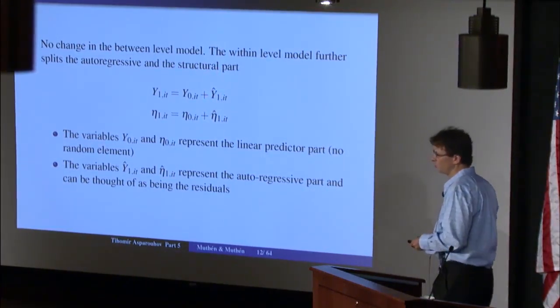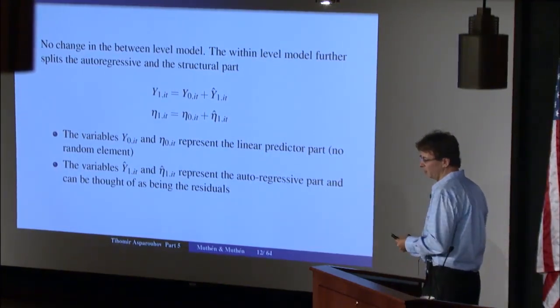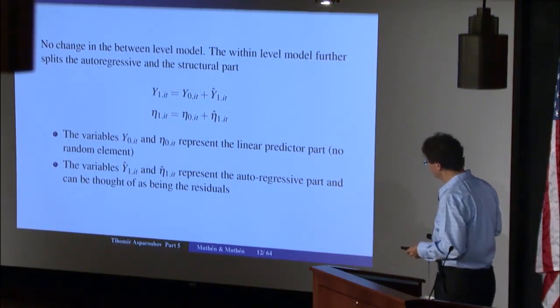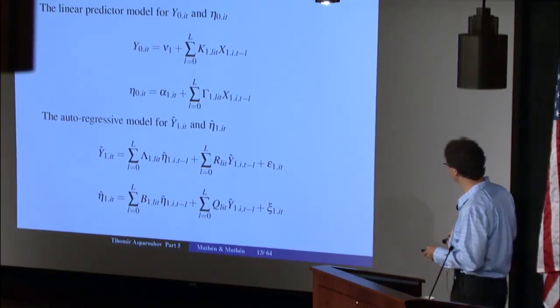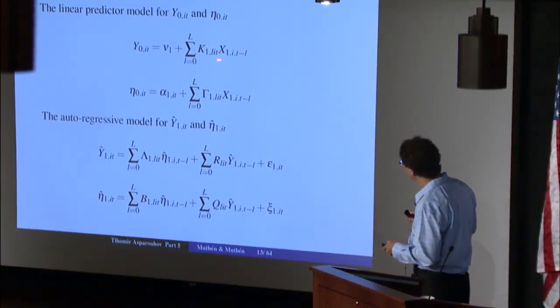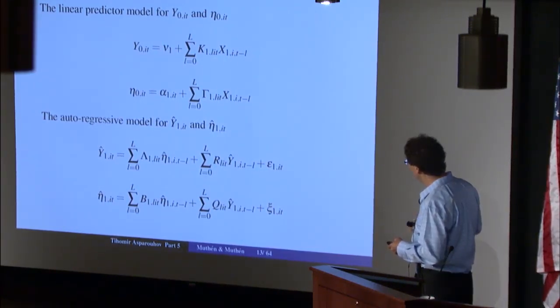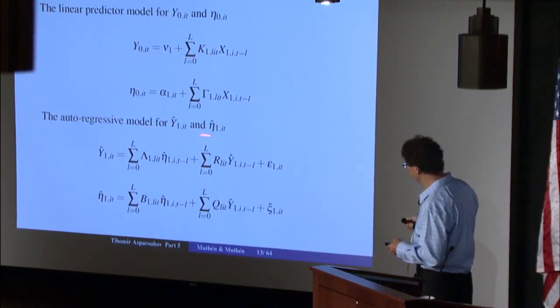And we basically wanted to separate, there was a lot of interest in separating the predicting part of the equation from the autoregressive part of the equation. And so the equation now on the within level looks like that. The level 0 part contains all the prediction portion of the equation, and the autoregressive part of the equation is now separated.